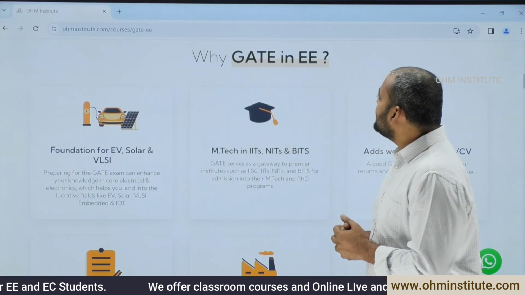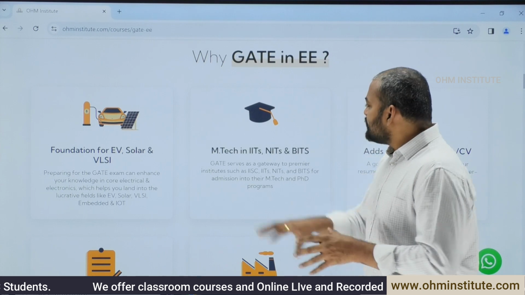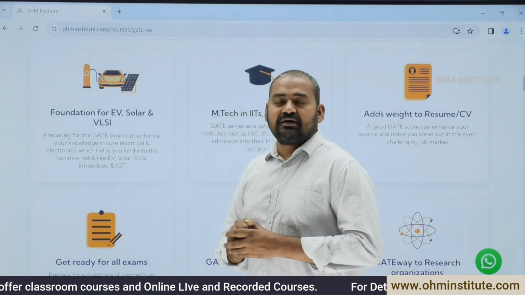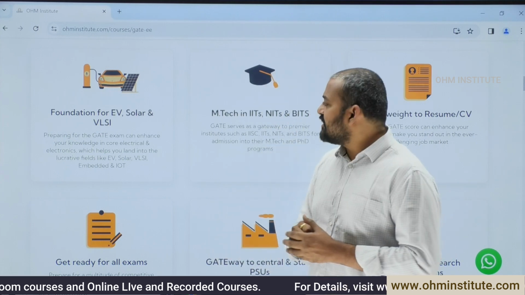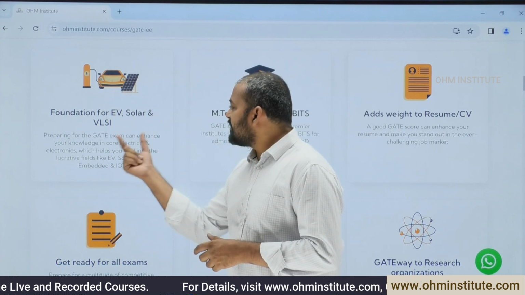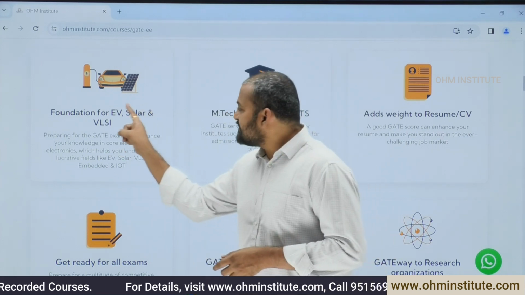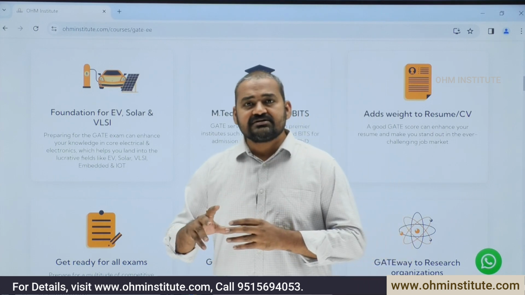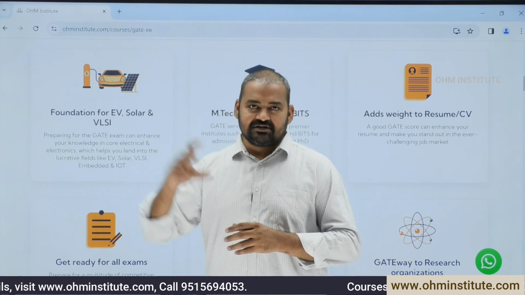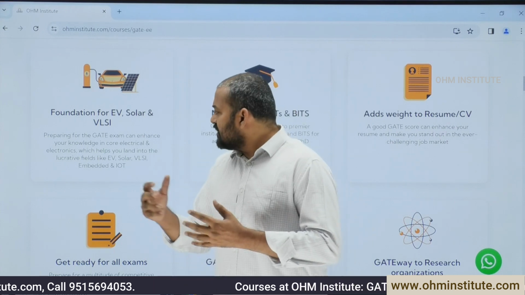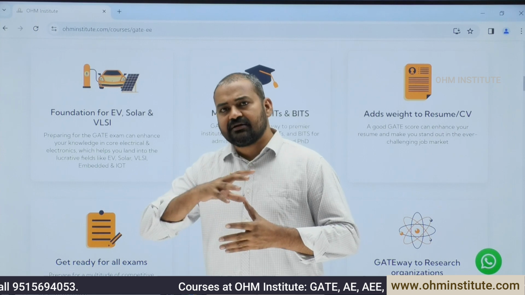So why GATE in electrical engineering? There are many benefits and I have listed them out. First, GATE examination preparation in the electrical engineering paper will give you a foundation for electrical vehicles, solar energy and VLSI, because these are the trending areas in India. You know that the entire world is running towards electrical vehicles because of pollution consequences, not only the Indian market but the global market.